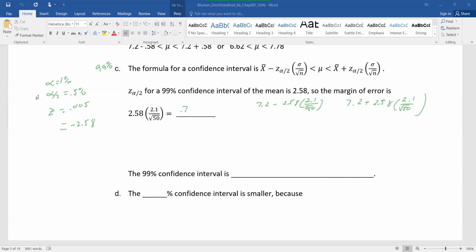Good. So 0.766, we'll just say 0.77. But then the final answer, the 99% confidence interval would be what? And what's the right side? And you can just copy and paste it and then hit the up button until you highlight it and hit enter.